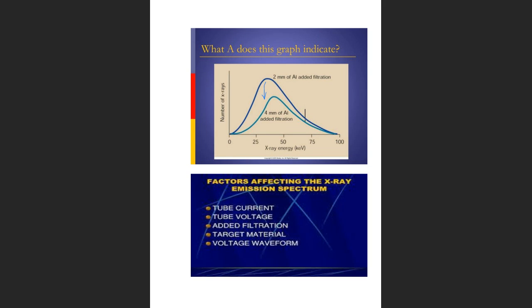So we reduced the quantity of X-rays, but by getting rid of the low energy, we hardened our beam because now the majority of the X-rays fall in this area.